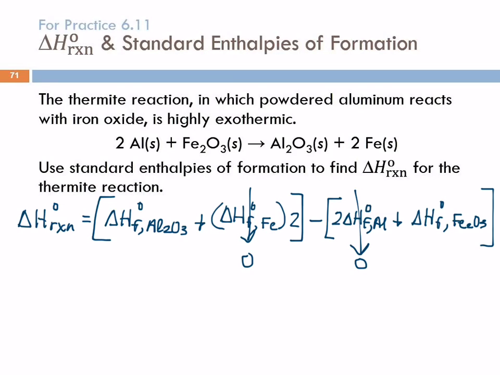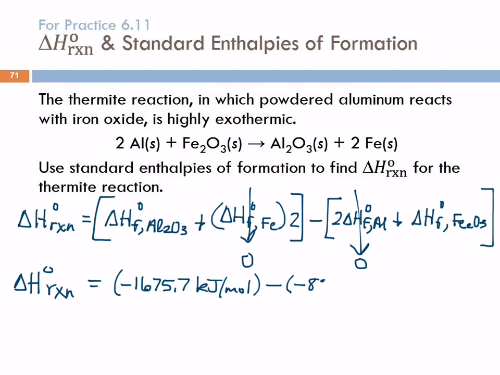So we looked up these numbers. And so the heat of reaction is the heat of formation for aluminum oxide, which is minus 1675.7 kilojoules per mole, minus the heat of formation for Fe2O3, which is negative 824.2 kilojoules per mole.